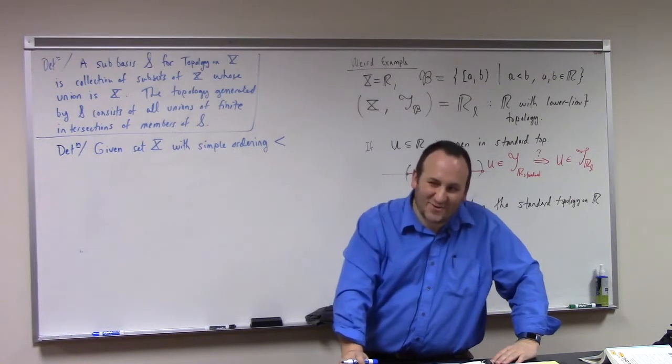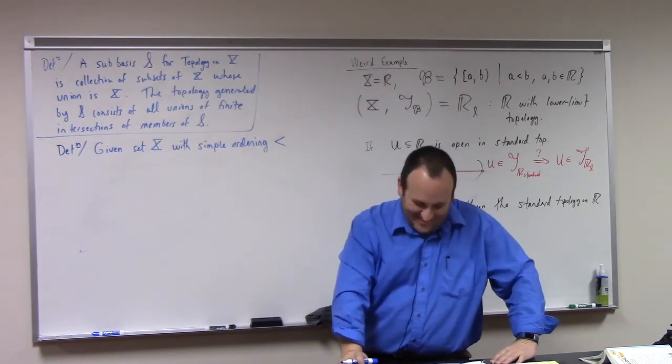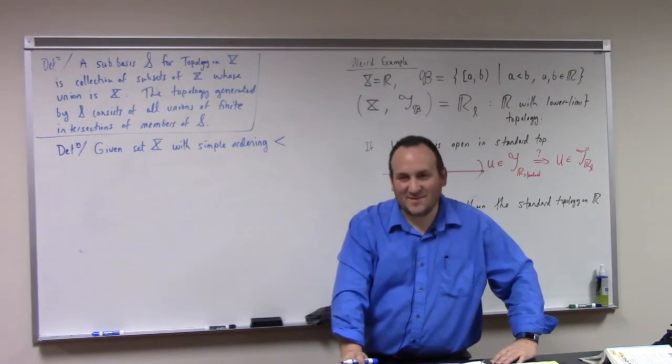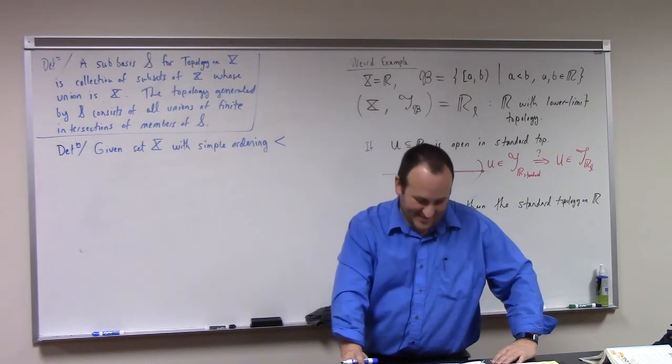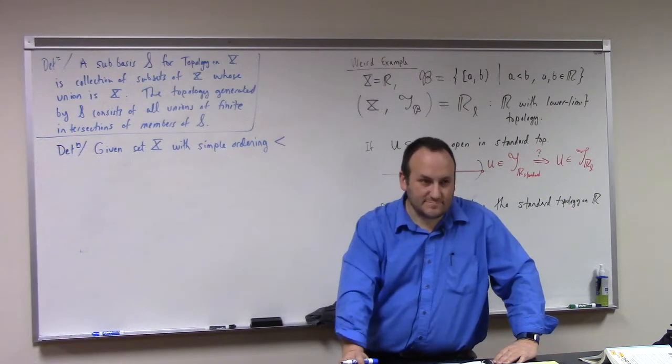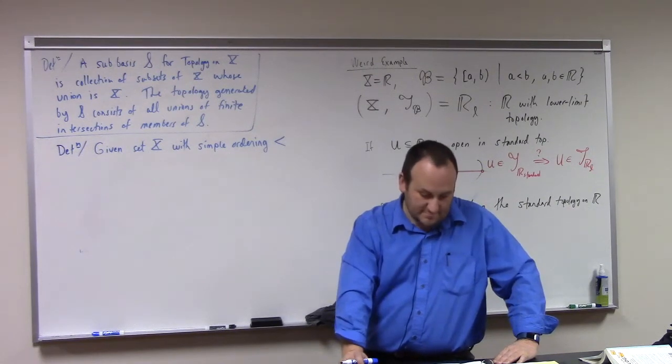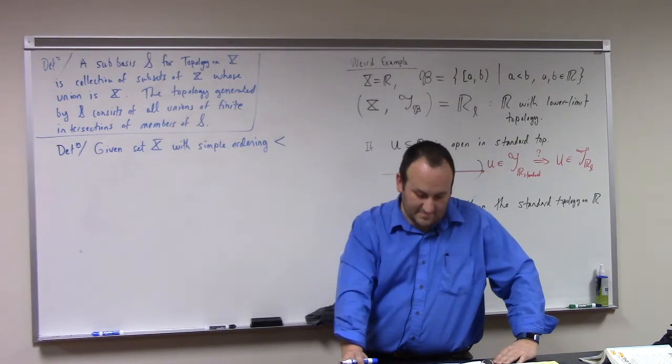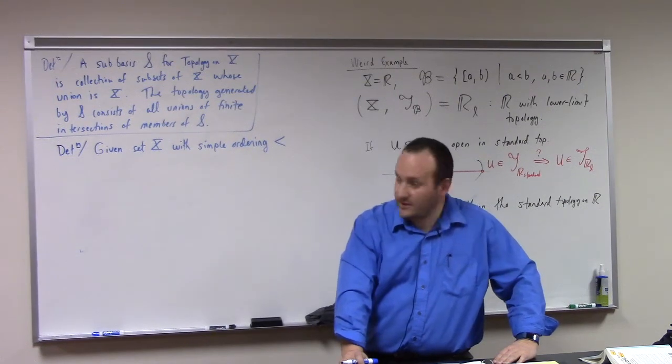It's a partially ordered set? That seems like cheating, but right. I'm pretty sure the alternative word for that is total ordering, a totally ordered set.